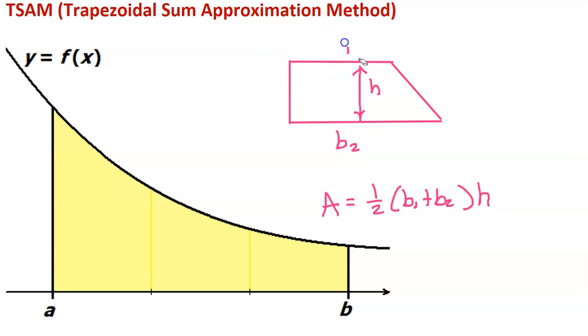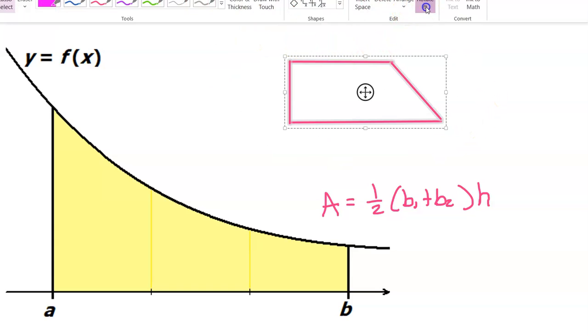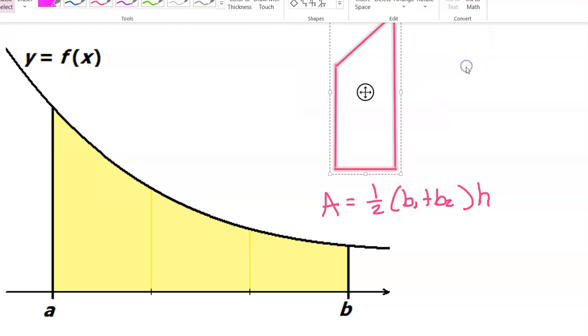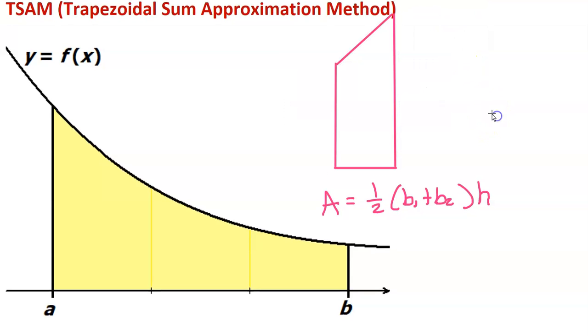Maybe I'll just do that real quick. I'm going to take this trapezoid and rotate it. Okay, so now we have this sort of sideways trapezoid where the bases are now vertical. So this would be like base 1 and base 2. And the height is now more like a width.